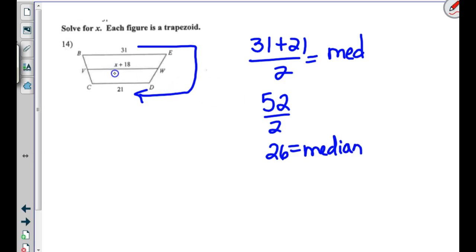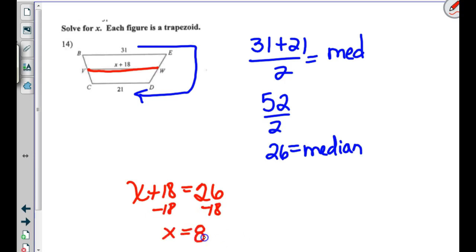X is not 26, guys. 26 is how long this segment is. So you have to say x plus 18 equals 26. Subtract the 18, you get x equals 8. So that when you plug an 8 back in there, you'd get 26 for the whole median. Be really careful.